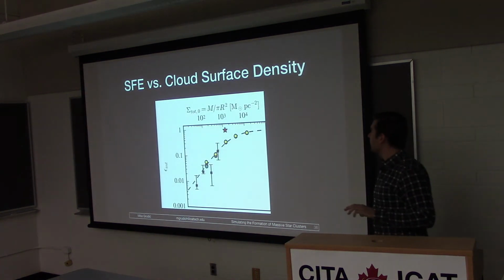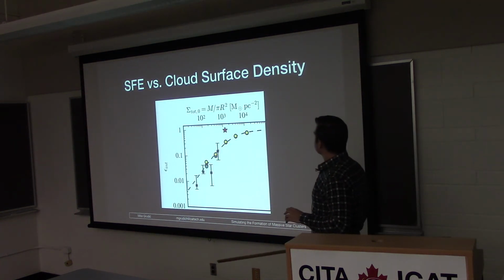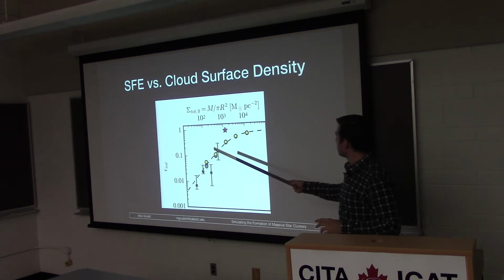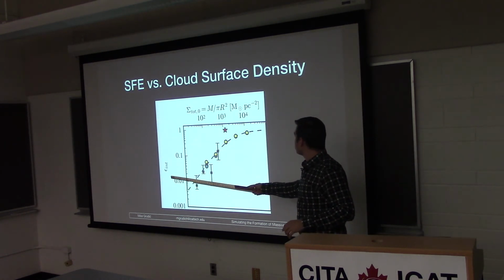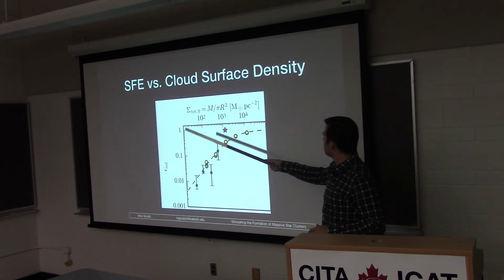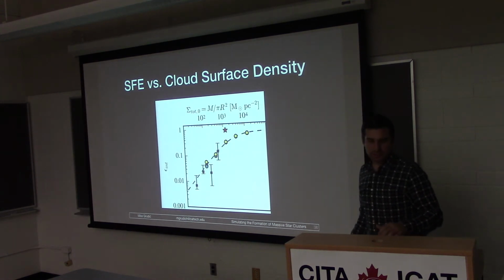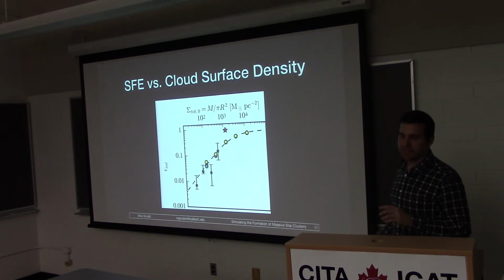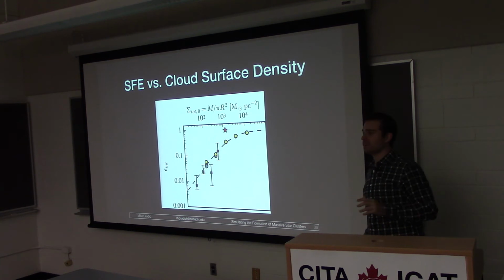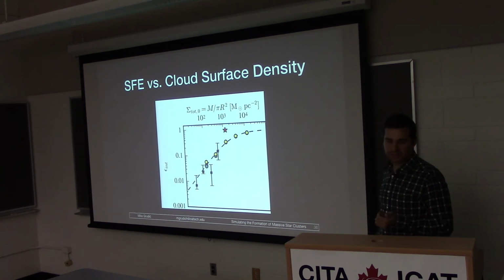So recall that in the second act of this talk, we had this plot where we have this dependence of the star formation efficiency upon surface density. So we should expect that there should be some dependence of the cluster formation efficiency on surface density.